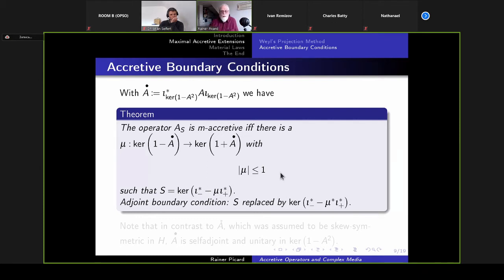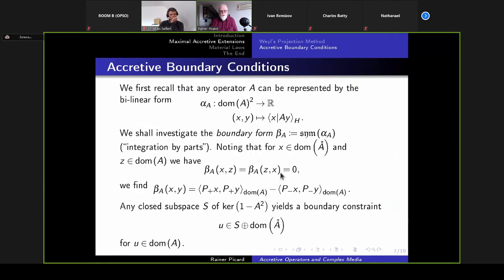And if we look back, this condition ensures that the positivity of this term is not completely eaten up by this term or superseded by this term. So this needs to be almost like that, but a little bit less or equal to 1. And then we still have that this boundary form is larger or equal to 0, which is what we want for the accretivity.